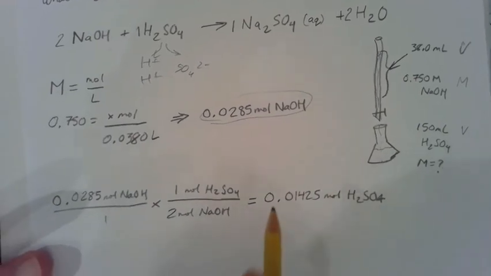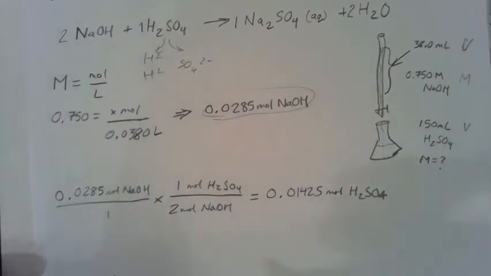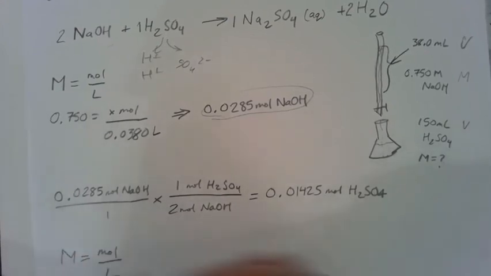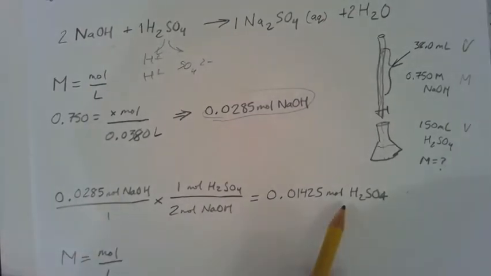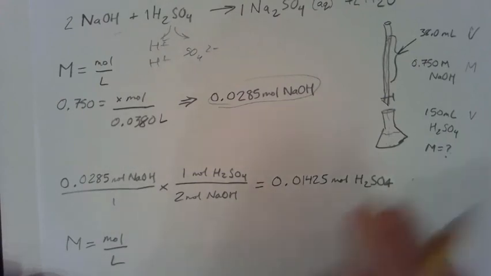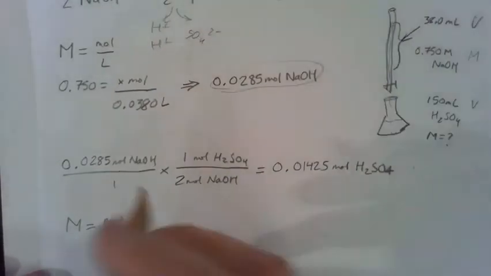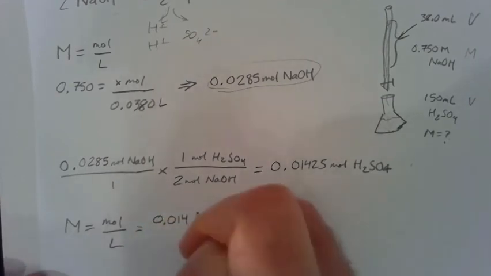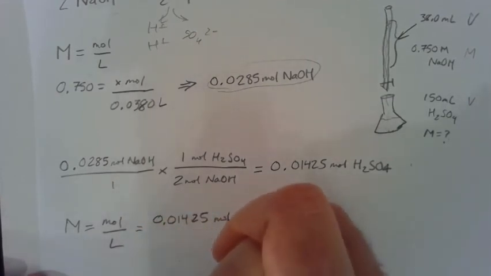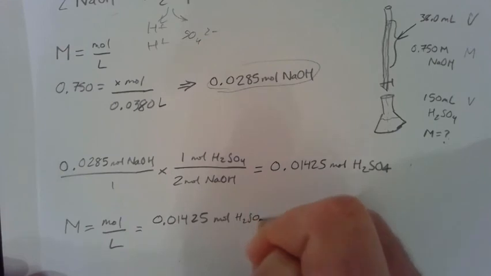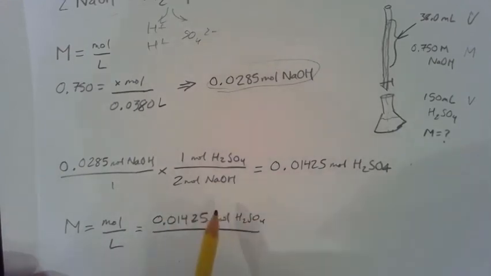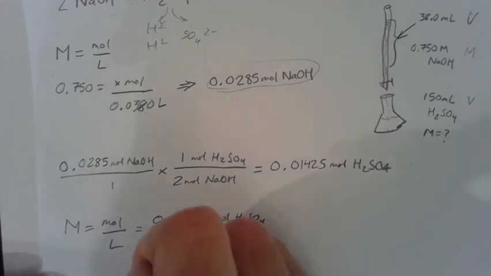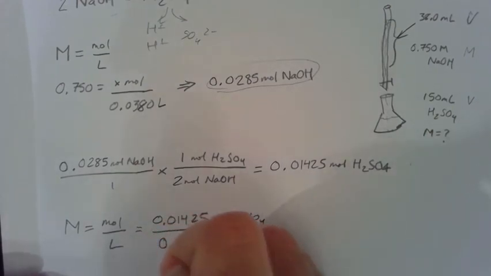We want to find the concentration, so once again we go back to the molarity equation. Now we know the moles of H2SO4 is 0.01425 moles, and we know that the volume was 150 milliliters, or 0.150 liters.